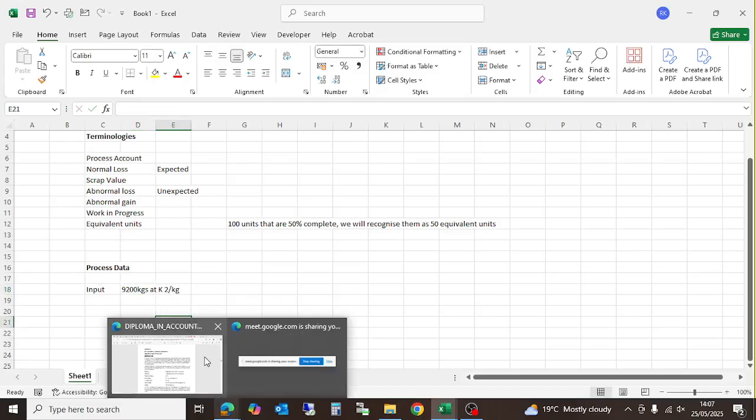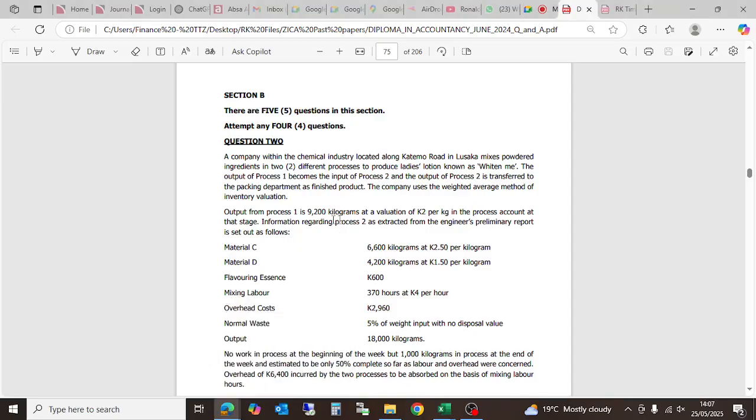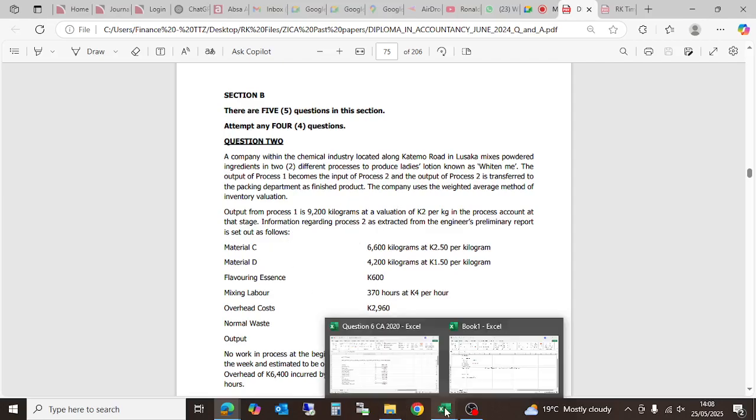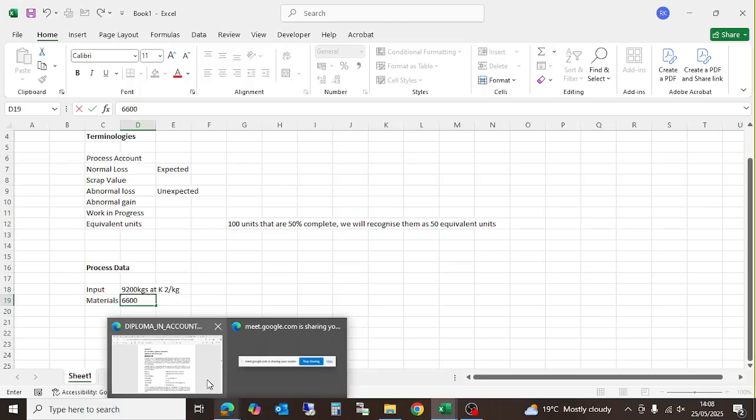And then let's check again. Do we have any other information in here? We've read this information regarding process two as extracted from the engineer's preliminary report. So they have materials of 6,600. This is the input from the other process. So we have materials of 6,600. Is that kwacha or is that kilograms?